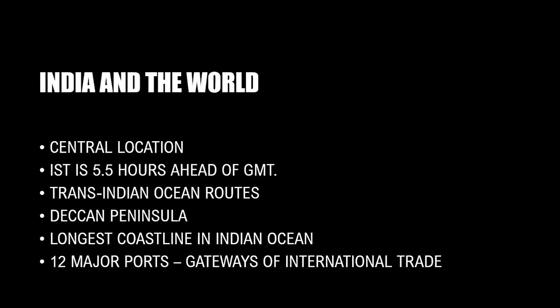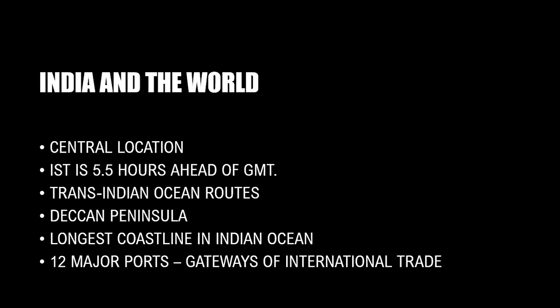Our spices, muslin, everything has been taken from India, and we've been able to bring it across to so many parts of the world. Now, India has major ports on her coastline. These are 12 major ports, which are also called gateways of international trade.